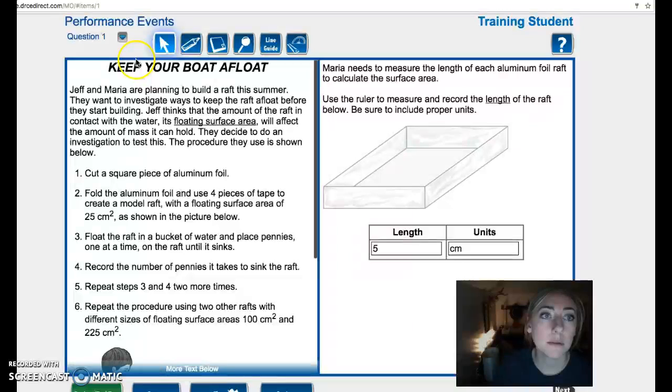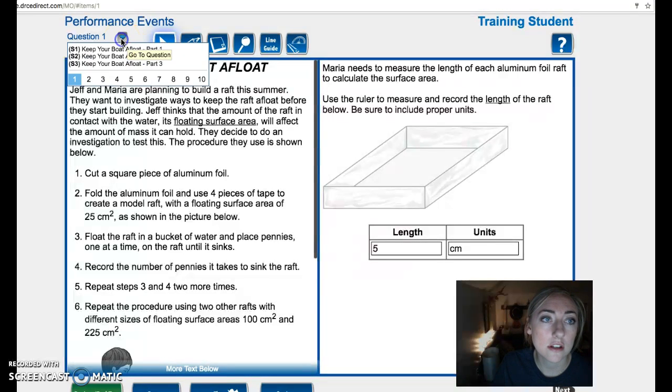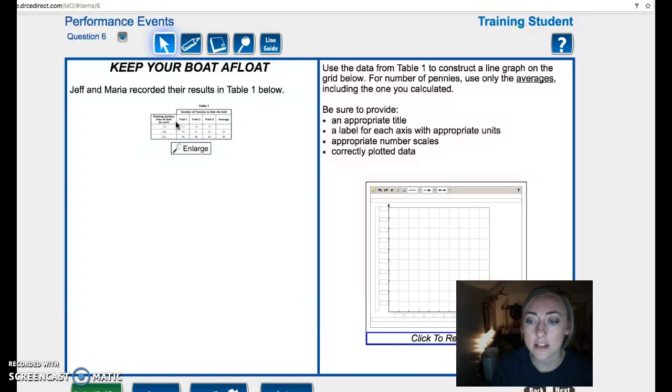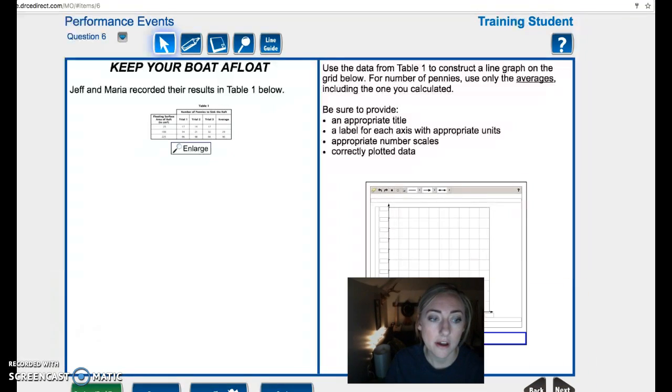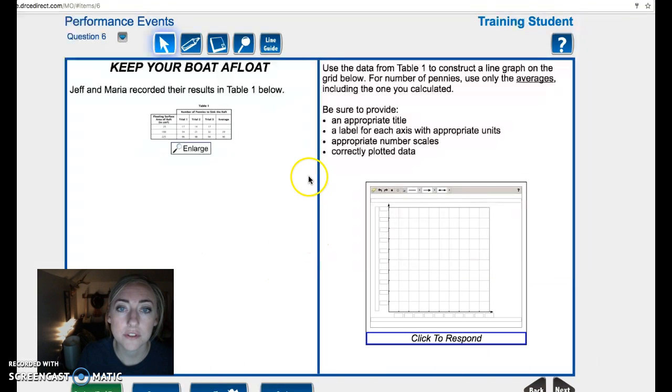Alright, so today we're really going to focus on question 6, which was the graphing question. There is a question on the map test where you have to graph, so it's really important that we go over this and that we know how to use these tools.